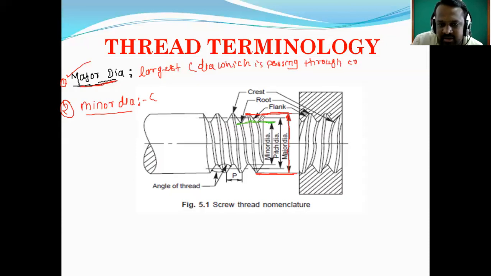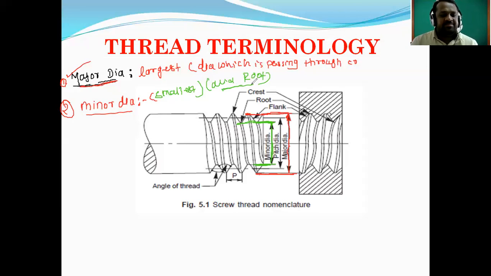So this diameter, I will highlight here. Sorry, this is the minor diameter. Minor diameter means the smallest diameter, the diameter which is passing through the root. It is called the minor diameter.